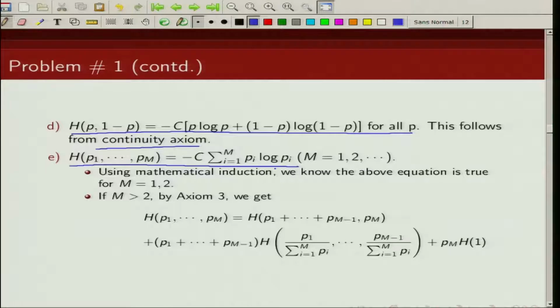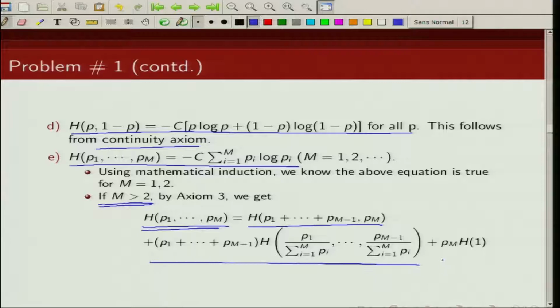If m equal to 1, Pi is basically just 1. It also holds for m equal to 2. So let's see what happens when m is greater than 2. Now this joint entropy using the grouping axiom can be written as this plus this plus this.